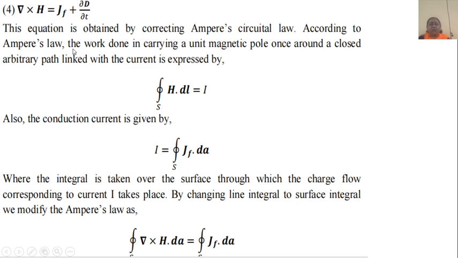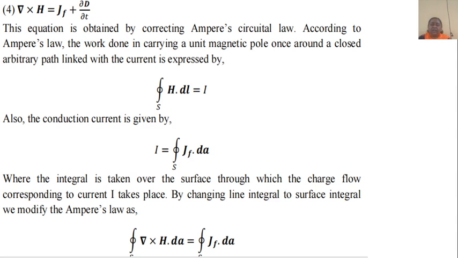According to Ampere's law, the work done in carrying a unit magnetic pole once around a closed arbitrary path linked with the current is expressed as closed integral of H dot dl equal to I. The conduction current is given by I equal to integral over surface S of JF dot dA, where the integral is taken over the surface through which the charge flow corresponding to current I takes place.